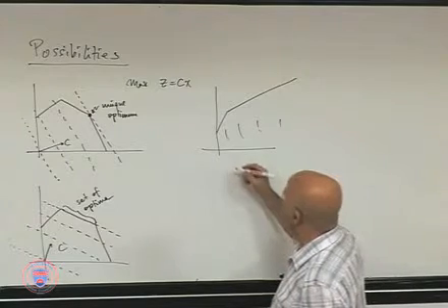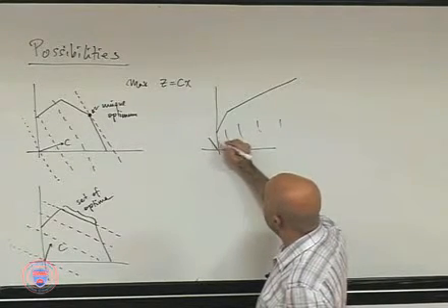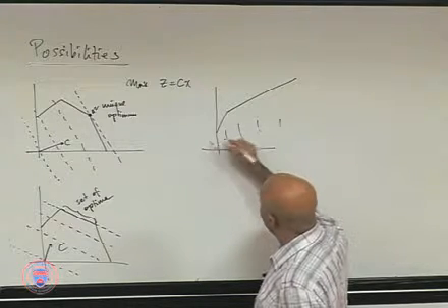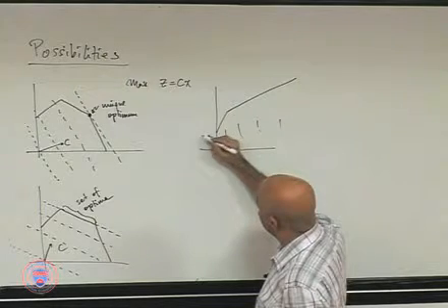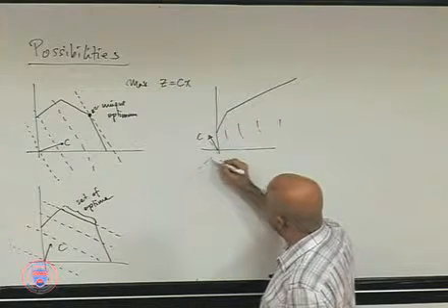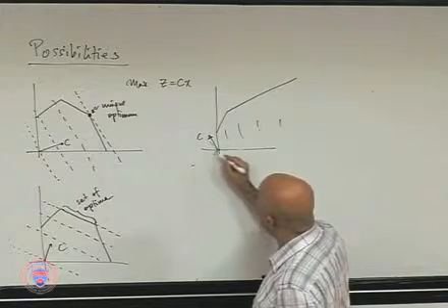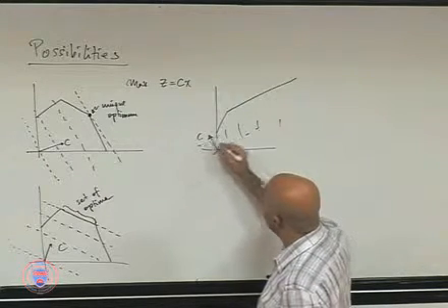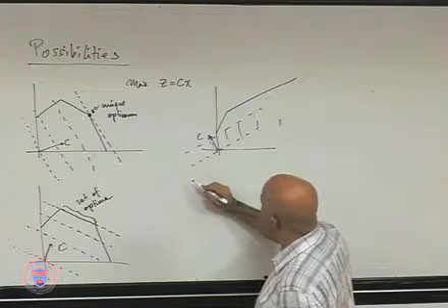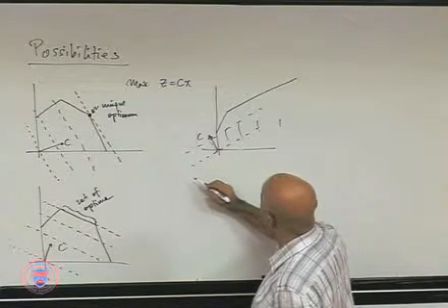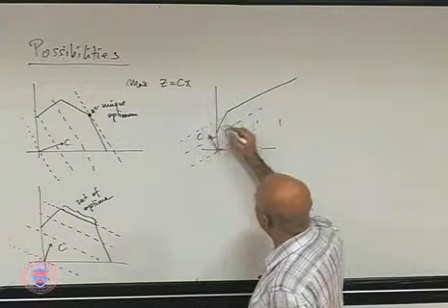So in this case, if I have a C vector that points like this, my contours will go something like this. Okay, I chose the wrong one. It's almost parallel. Anyway, let's just make the alternate optima first.